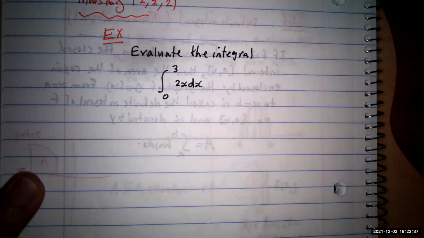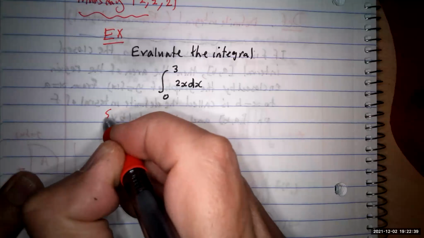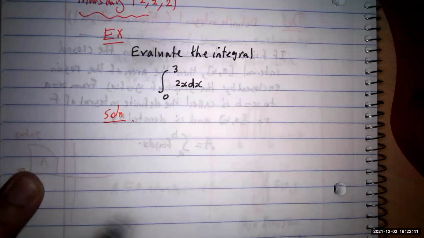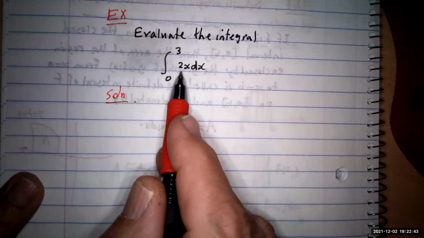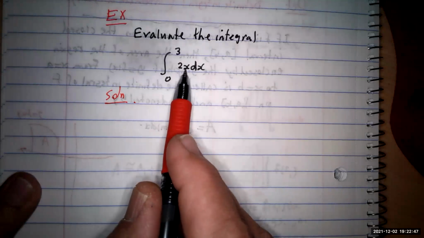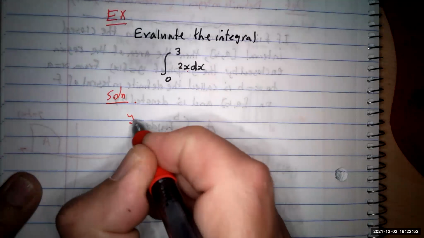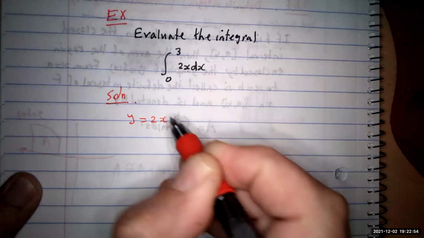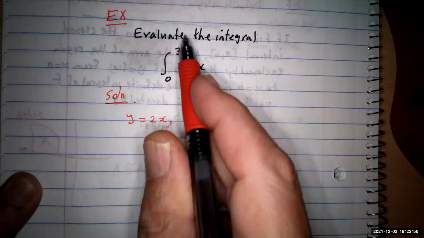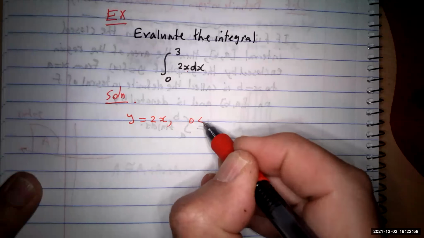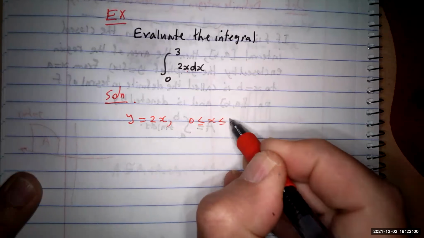So officially, so far, this is how we can find it. We have to draw the region. Your function is f of x equal to 2x, or you can call it y equal to 2x, and your x is going to be only between 0 and 3.